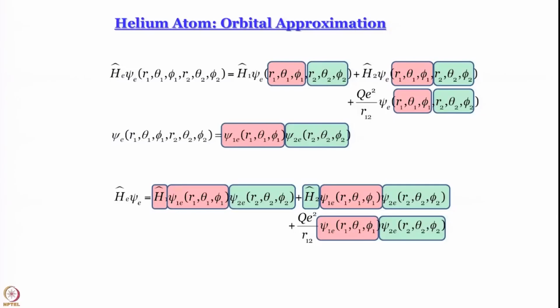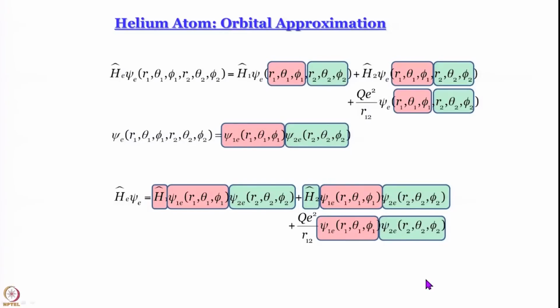Now, what I have done is collect everything in 1, and everything in 2. So, what we have is H1 operating on psi 1e multiplied by psi 2e, plus H2 operating on psi 1e multiplied by psi 2e, plus qe square by r12 multiplied by the product.